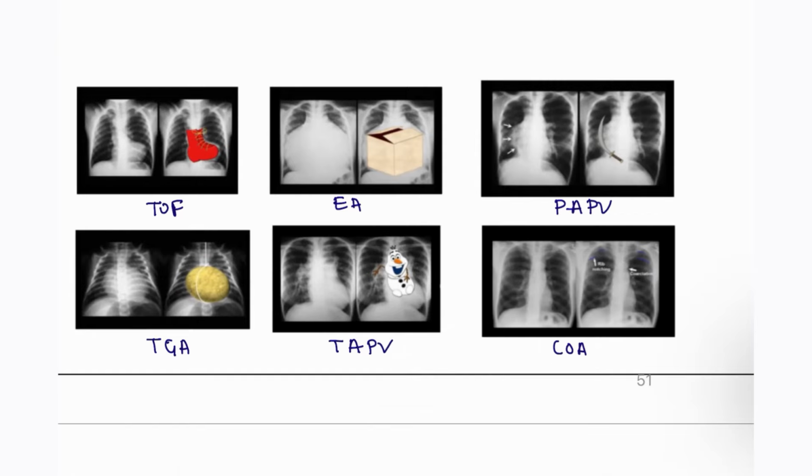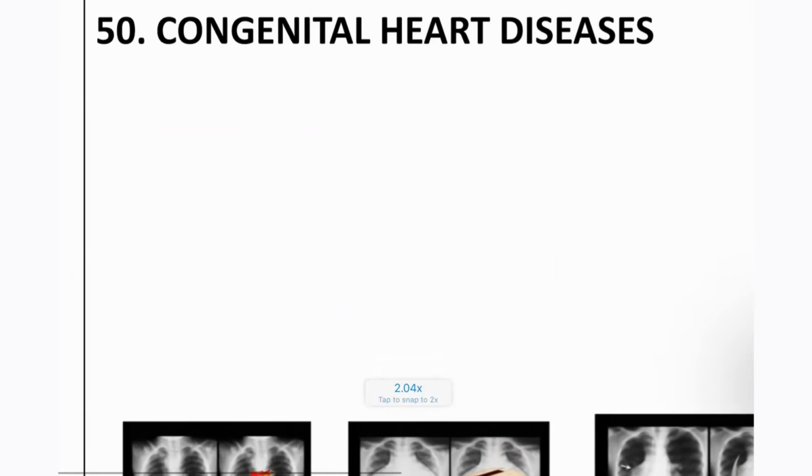Other than that, you also have to know the important points of the different types of conditions. Let's see one by one. What are the cyanotic? What are the acyanotic? In the acyanotic, the most common is ASD.